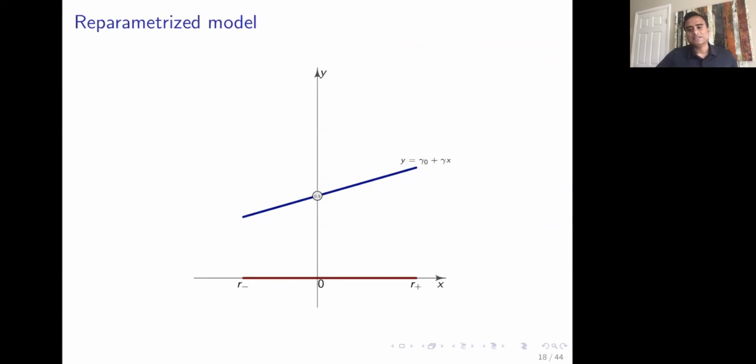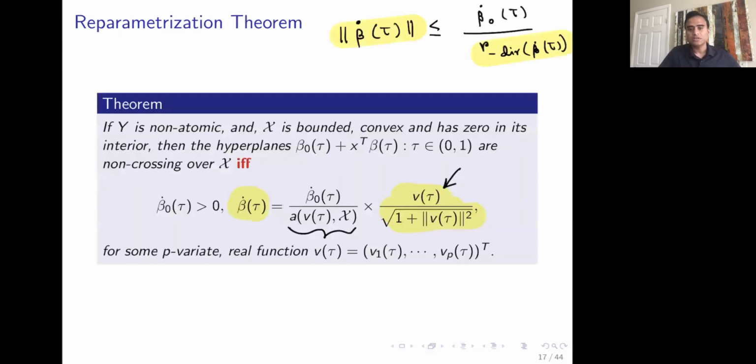So the idea is you start out with an anchoring hyperplane. Let's say you anchor it at tau equal to 0.5, so this one corresponds to the median line. So you start there, and then you build your other hyperplanes up and down based on this derivative characterization that we just saw.